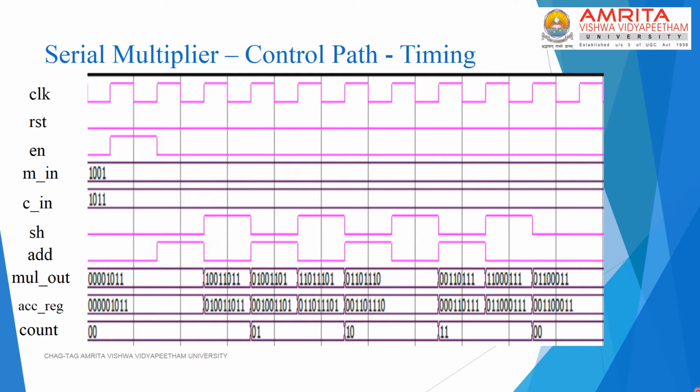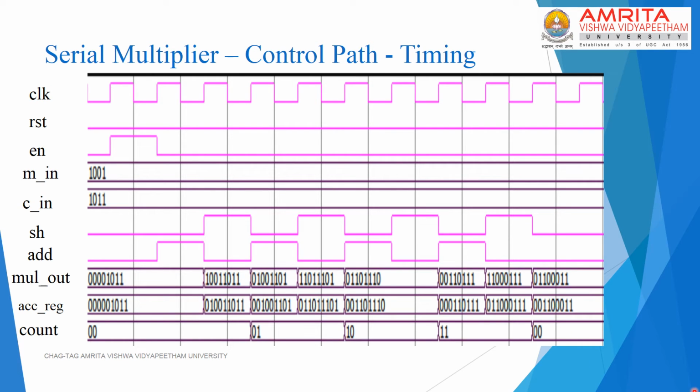The whole operation consists of a sequence of 4 add operations, each add operation being succeeded by a shift operation. Therefore, there are 4 pulses in the add signal, and the shift signal is also pulsed 4 times.